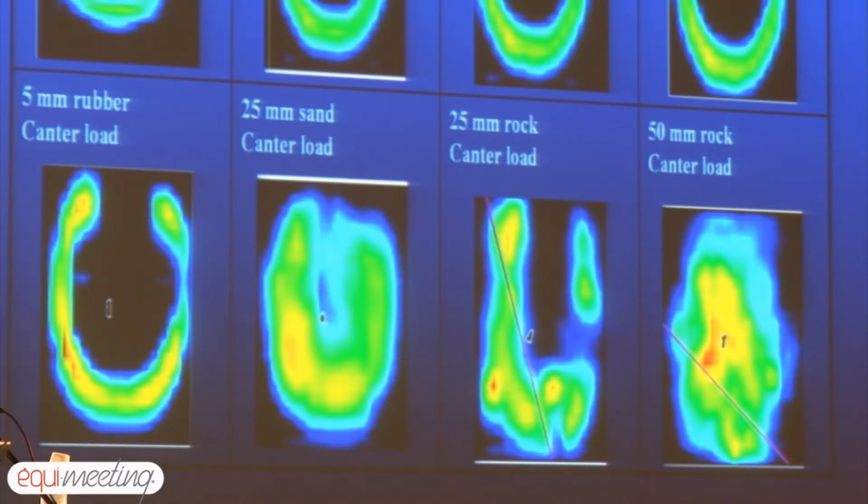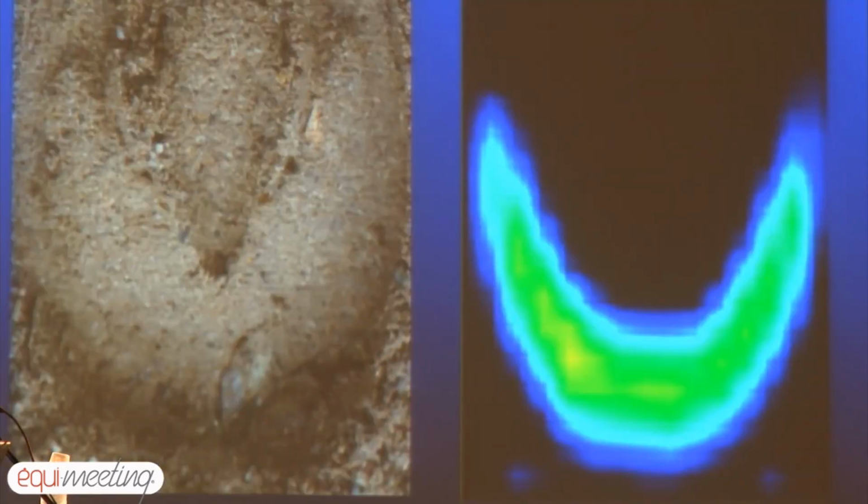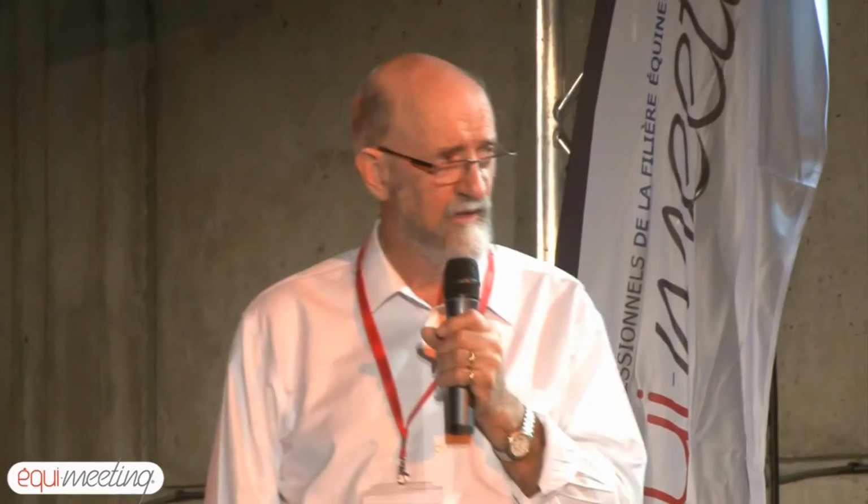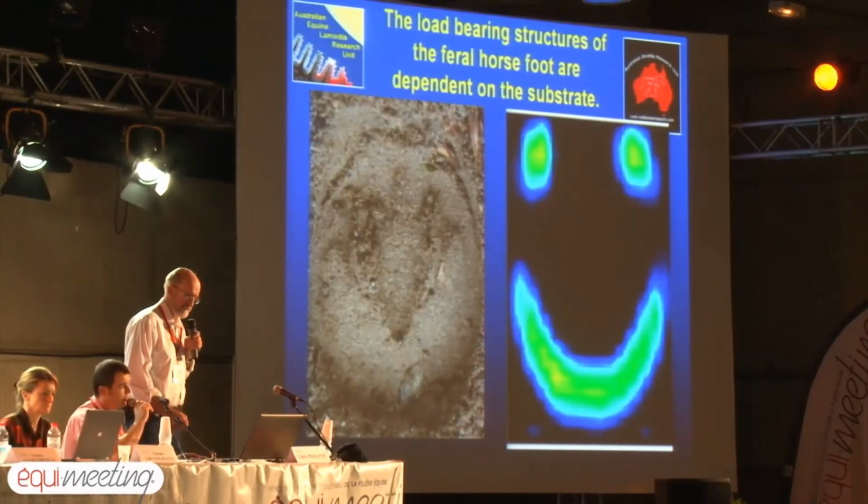Bien sûr, on peut imaginer que s'il y avait un substrat plus souple, on aurait une distribution de l'image qui serait plus générale. So the structures of the foot that come in contact with the ground vary depending on the substrate, from soft to hard. Ainsi, les zones qui sont en pression sur le pied et qui viennent en contact avec le sol varient grandement selon la nature du substrat sur lequel marche le cheval.